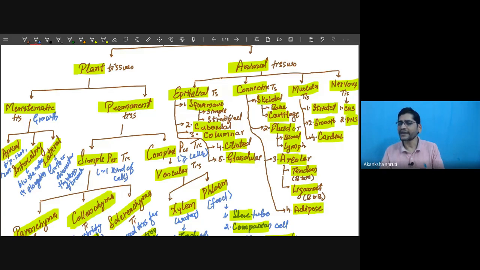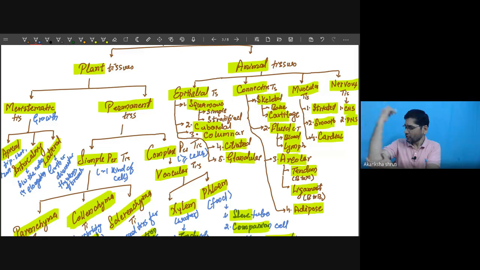Areolar tissue helps in connecting muscle to bone or one bone to another, so that one bone can move over another. If this adhesive tissue is binding muscle with bone, it is called a tendon, and between two bones, which gives the movement of one bone over another, that is called a ligament.